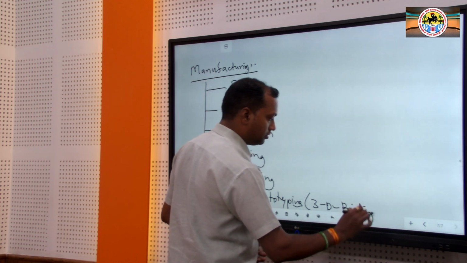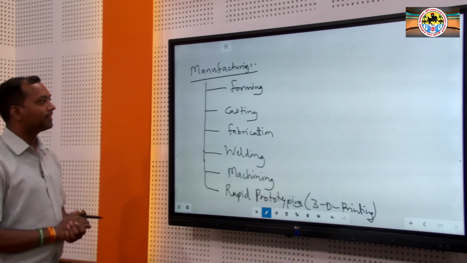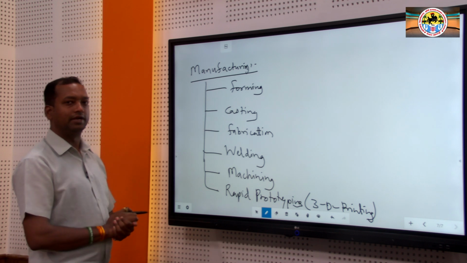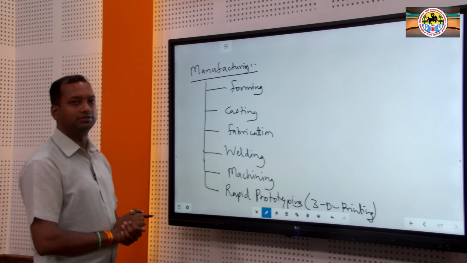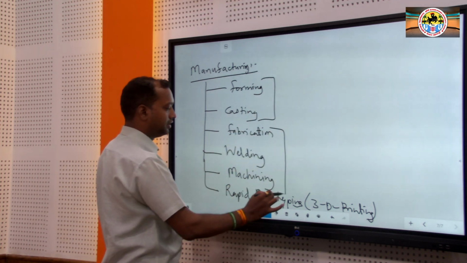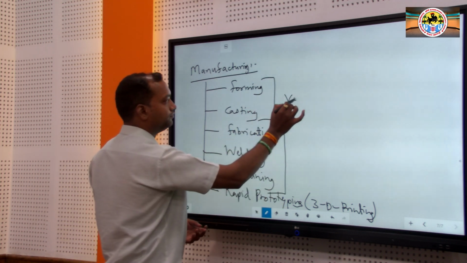3D printing. Okay. So, one by one I am going to discuss all these 5 topics throughout the syllabus. Manufacturing is categorized into 5 broad categories. Out of these 5 categories, 2 are involved in volume 1 and the next ones are involved in volume 2.